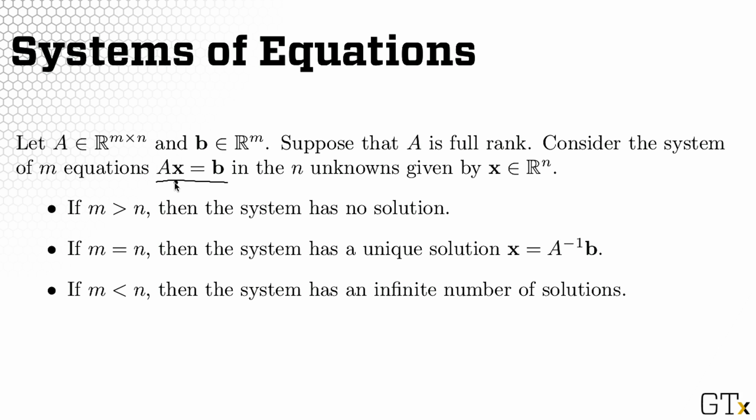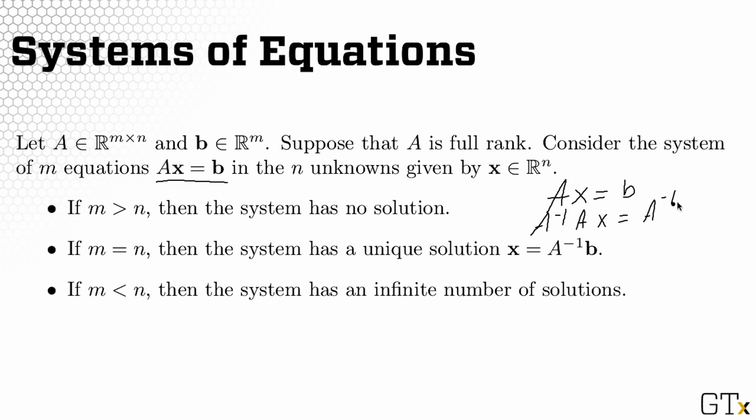So now, obviously, if the number of equations is more than the number of unknowns, if I have more equations than unknowns, the system has no solution. If the number of linearly independent equations is exactly equal to the number of unknowns, then the system has a unique solution. And what is that solution? You multiply both sides of this equation by A inverse.